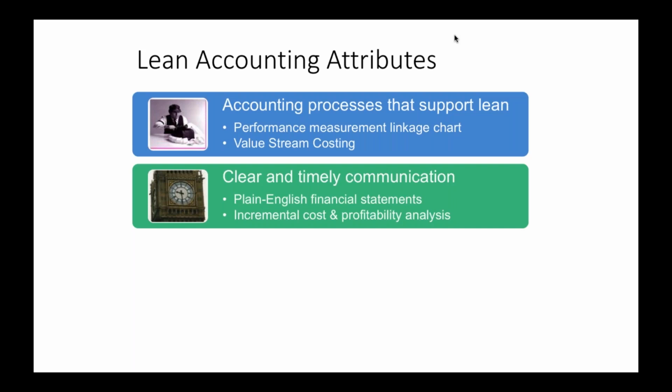Obviously, that's not applicable to anyone listening that is in a different country, but the idea is to create simple, easy to understand internal financial statements that are designed for non-financial people to understand. That's the idea behind calling it plain English.